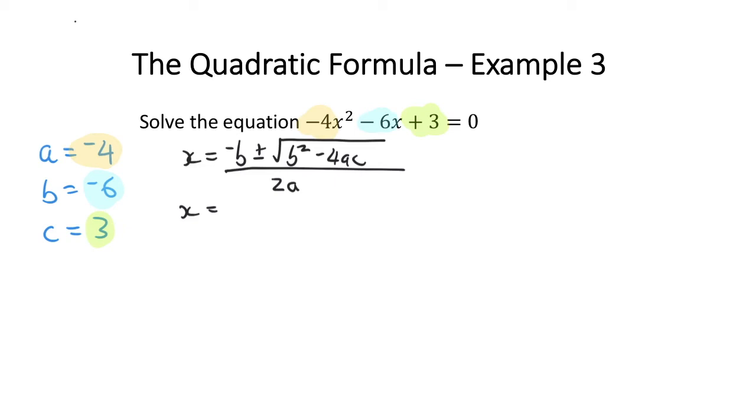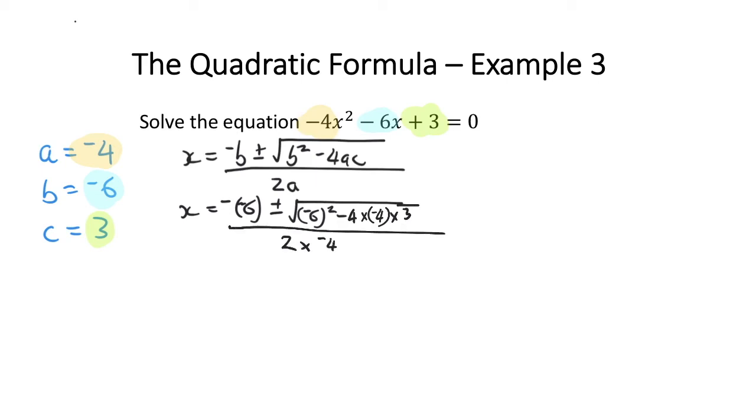So negative b is going to be negative, and then negative 6. Then it's going to be plus or minus the square root of b squared, so negative 6 squared, minus 4 times a times c. So that'll be 4 times negative 4, and then times 3. And then we're going to divide that by 2 times a, so 2 times negative 4.